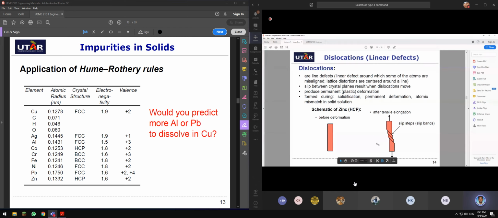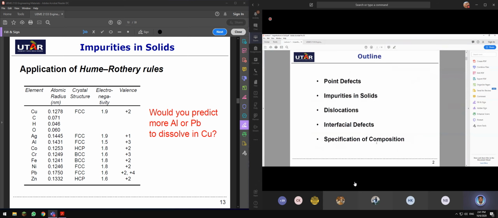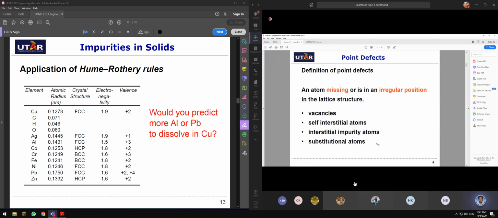Okay, now let's talk about dislocation. Before we start on dislocation, a quick recap. Today is about imperfections in solids, and I've covered point defects and impurities in solids. In point defects, you have vacancies, self-interstitial atoms, interstitial impurity atoms, and substitutional atoms.